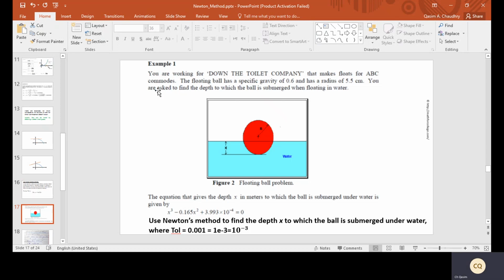So what it says is that you are working for the Down the Toilet company. बेटा जो लोग कमोड वगैरह इस तरह के नीचे जो बनाते हैं, ये इनके हवाले से बात हो रही है.